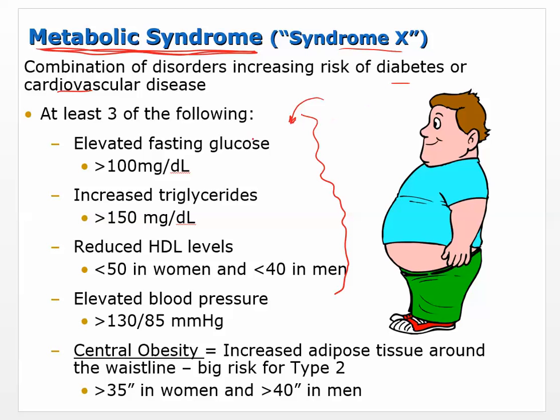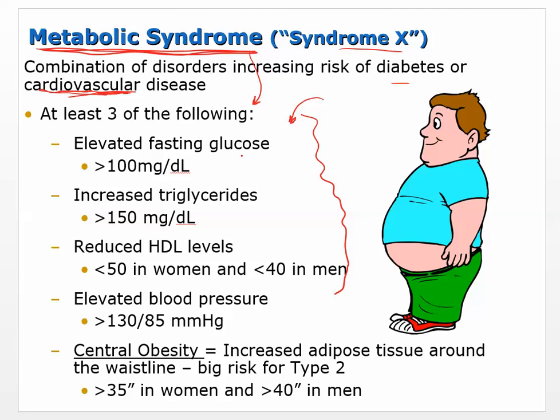Atherosclerosis falls into cardiovascular disease, and the other things I was thinking about all fall under this big heading of cardiovascular disease. So anyway, to define that you have metabolic syndrome, you would need any three of the following.